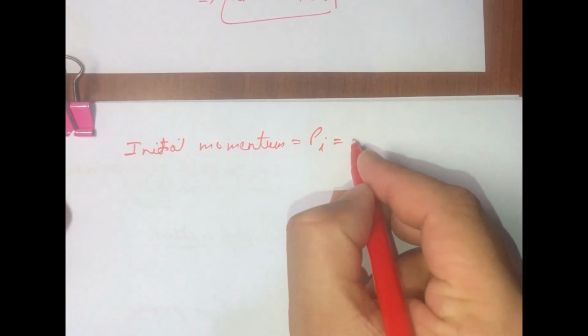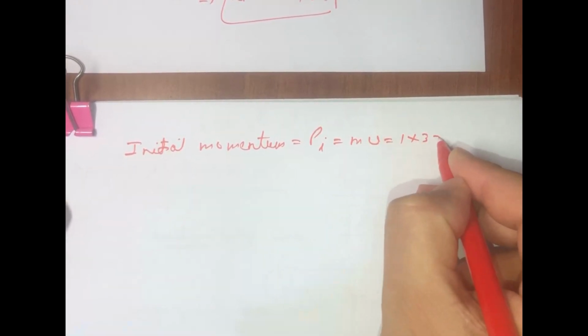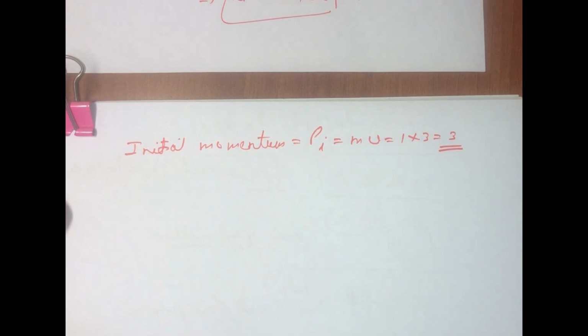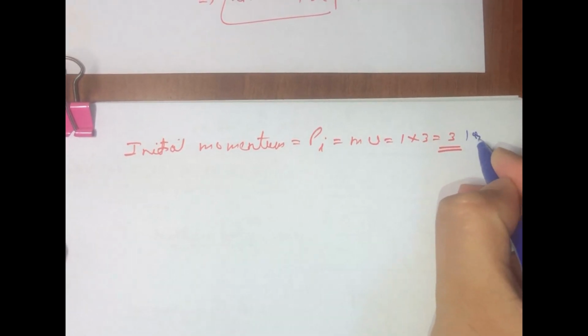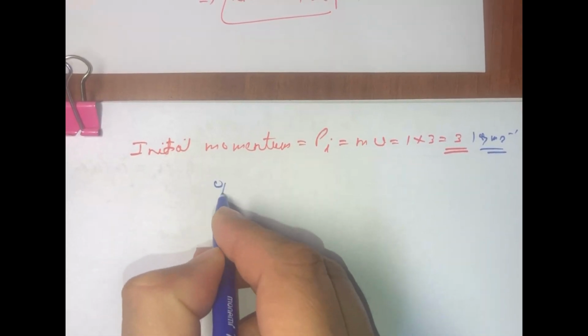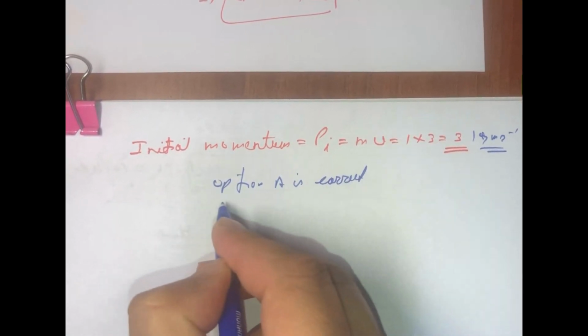So we get m multiplied by u, which is 1 multiplied by 3, so we get 3 as the initial momentum, and the unit will be kg meter per second. Therefore, option A is the correct option.